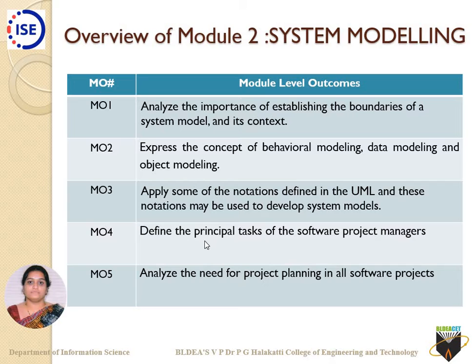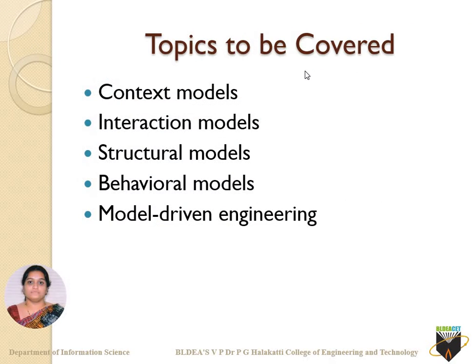Even you will be in a position to define the principal tasks of software project managers, then analyze the need for project planning in all software projects. So these are the module level outcomes expected from module 3, that's your system modeling.